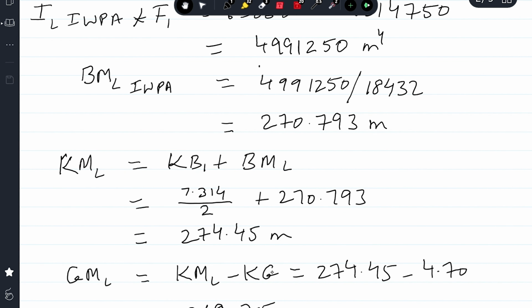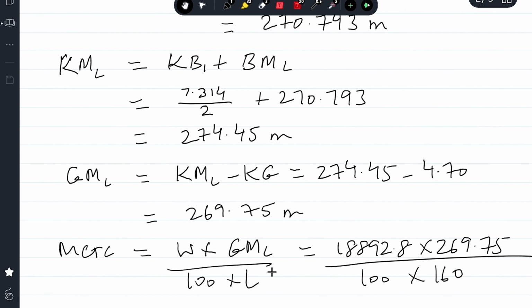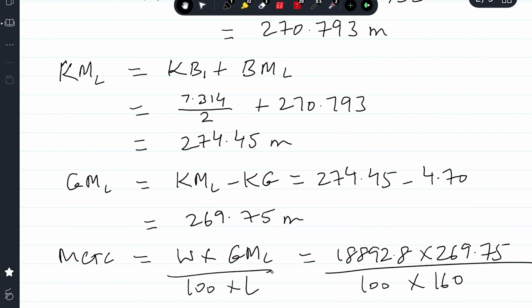KML is KB1 plus BML. The new draft is 7.314, so by 2, D by 2, that is the new KB1, and the new BML is found as 270.793. KML is 274.45. GML is KML minus KG, so 274.45 minus 4.7, we get 269.75.